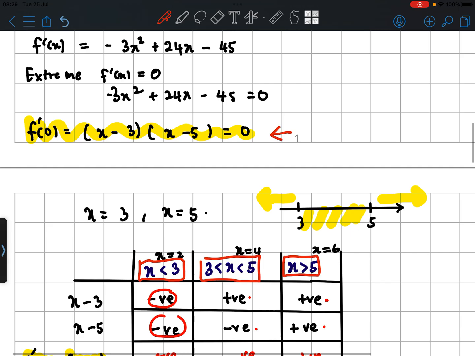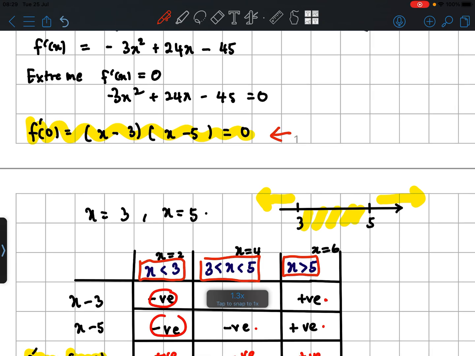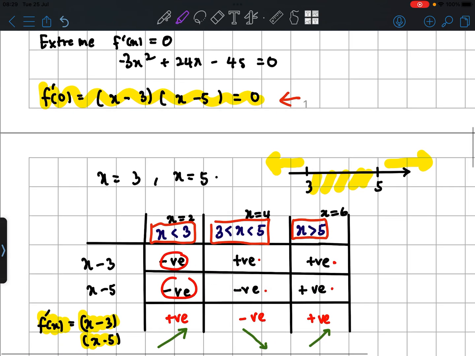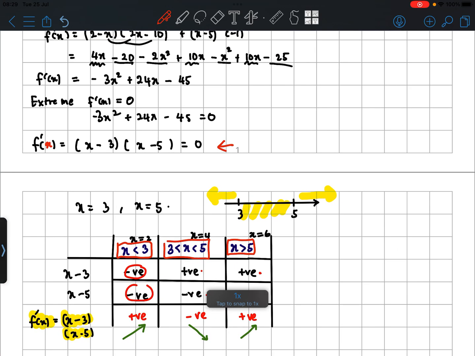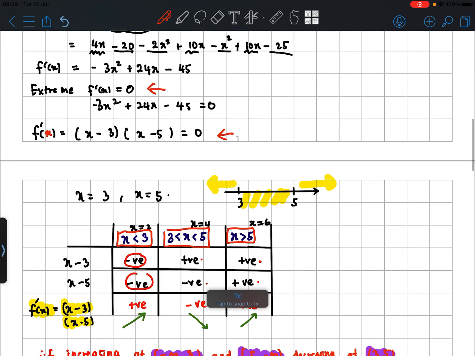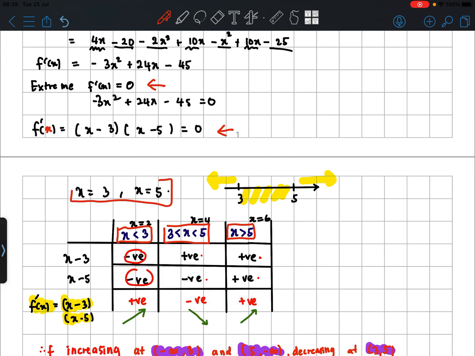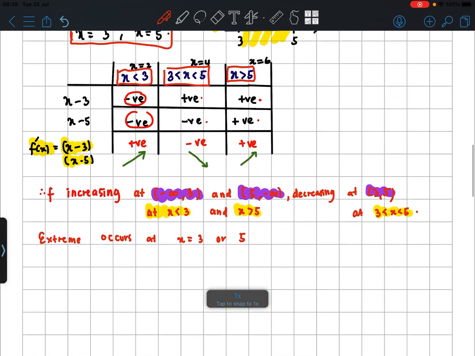We have solved f prime of x. Sorry, this is f prime of x, not f of 0. So we got the extreme from here, f prime of x is 0, so we get this value, x equals 3 and x equals 5.